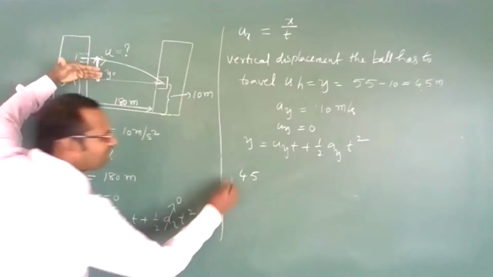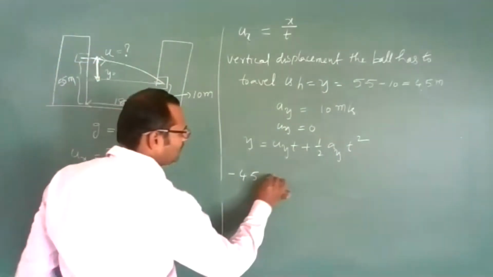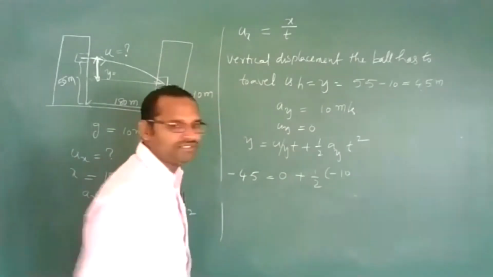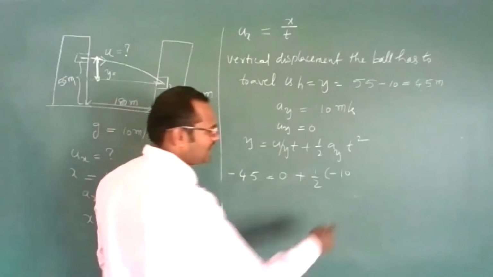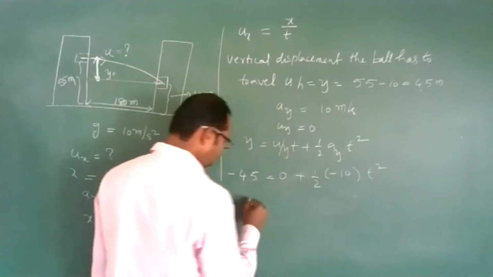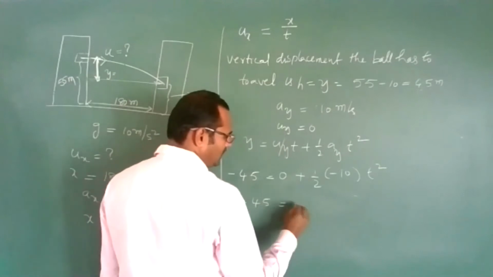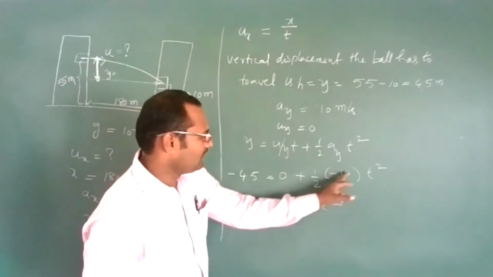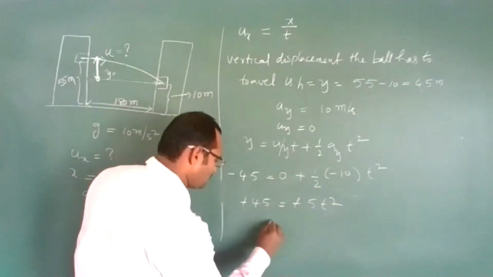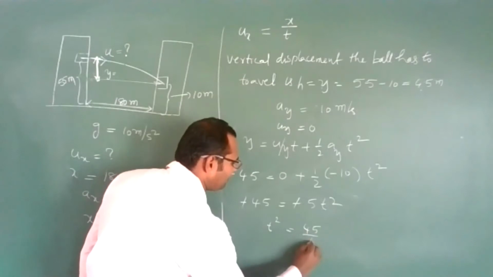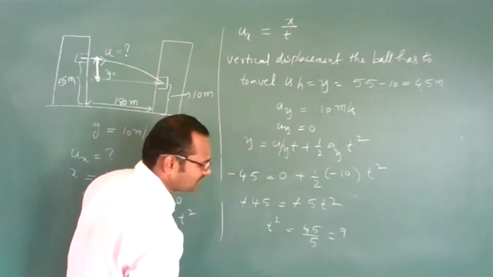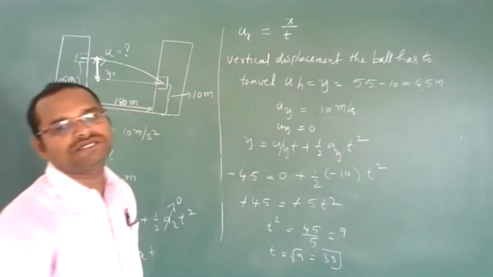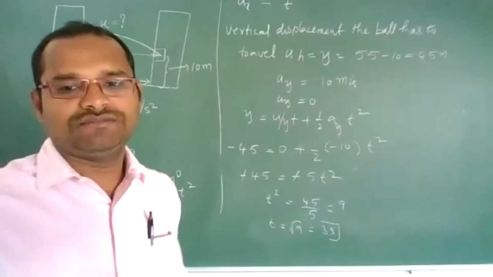Down means minus. So minus 45 is equal to uy is 0, so 0 plus half into ay, they are saying to use acceleration due to gravity, minus 10, into t square. So minus 45 is equal to minus 5 t square, minus cancels. So t square is equal to 45 by 5, nothing but 9. So t is equal to root 9, that is nothing but 3 seconds. We got the same result.